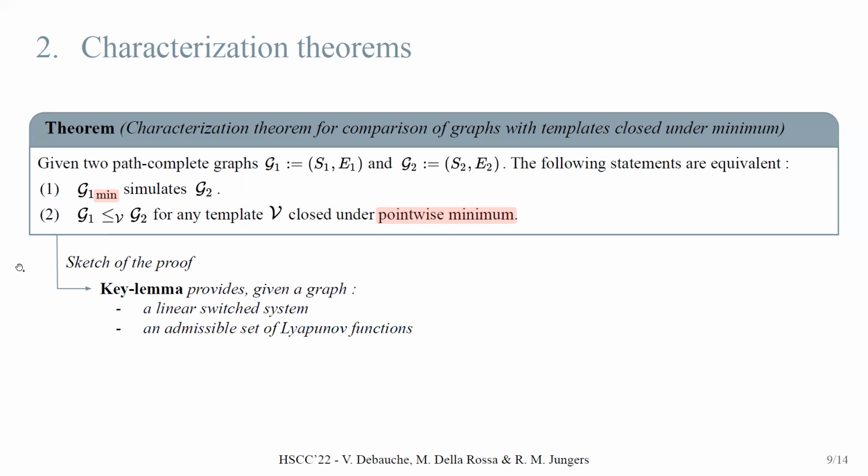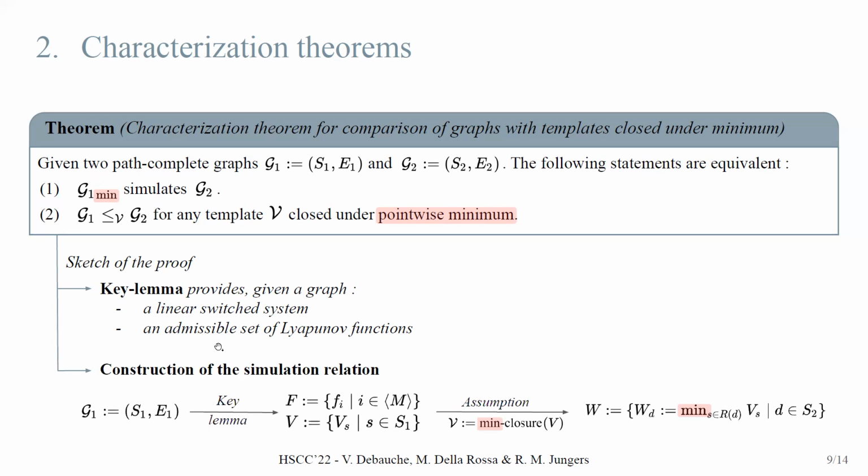The proof of this theorem is articulated in two steps. First, we prove a key lemma to ensure, given a graph, the existence of a linear switch system and an admissible set of Lyapunov functions that satisfies some technical properties.